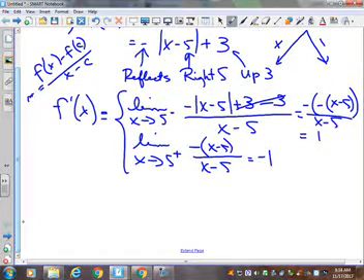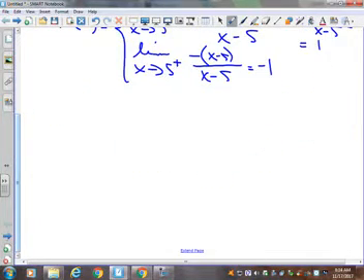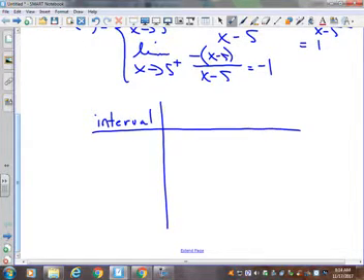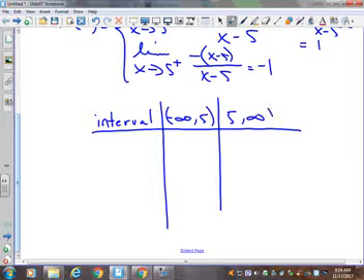So when we look at our interval chart, we're looking at negative infinity up to 5 and 5 to positive infinity. So when we say f prime of x equals, and we plug a value in, it doesn't matter what value we say we're doing. It's a constant answer.